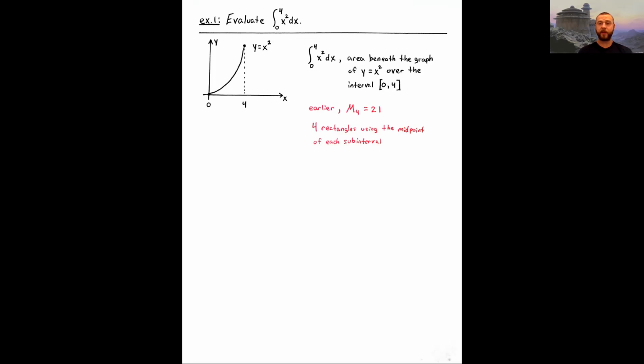Graphically, we can interpret that as the area beneath that graph over the interval 0 to 4. X squared remains entirely above the x-axis, so we can interpret it as regular area instead of net signed area. If you think back to when we did the basic introduction to integrals by approximating area, we did a calculation using the midpoints of 4 rectangles, and we found a midpoint approximation of 21.